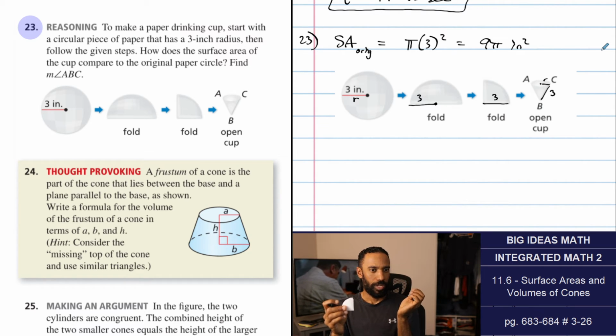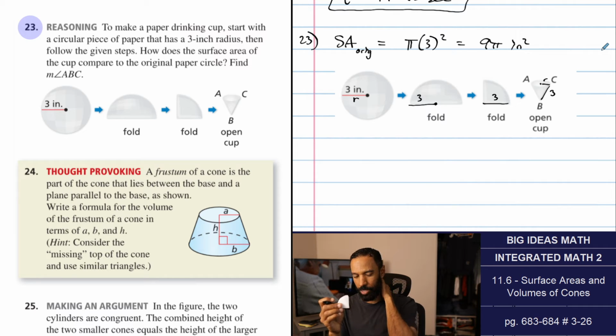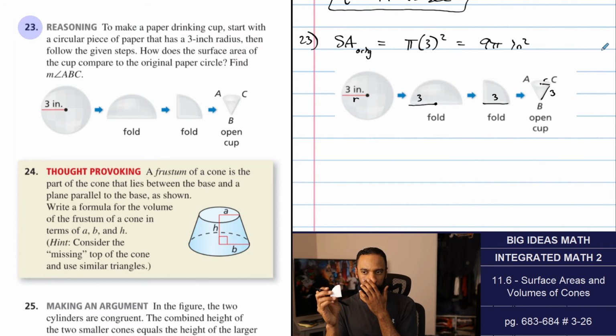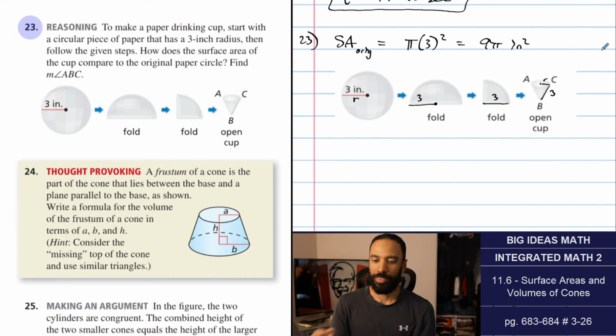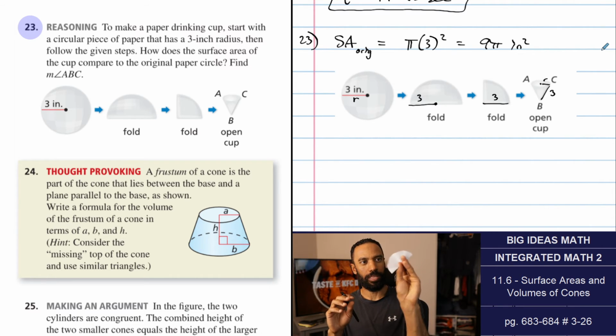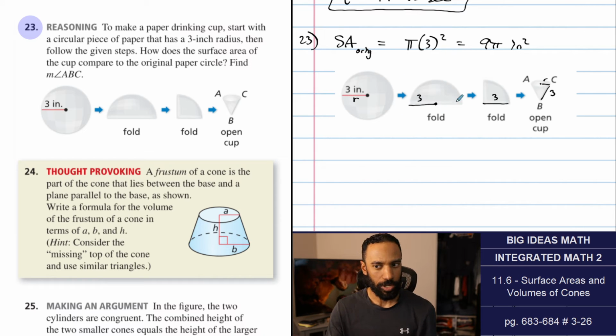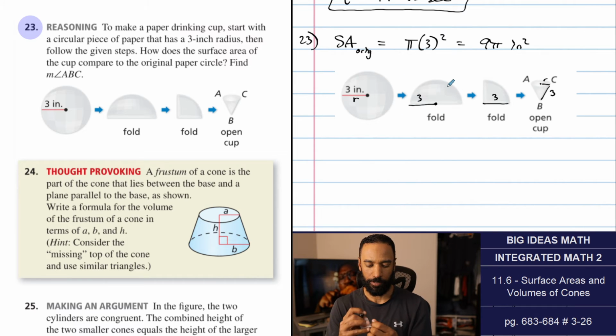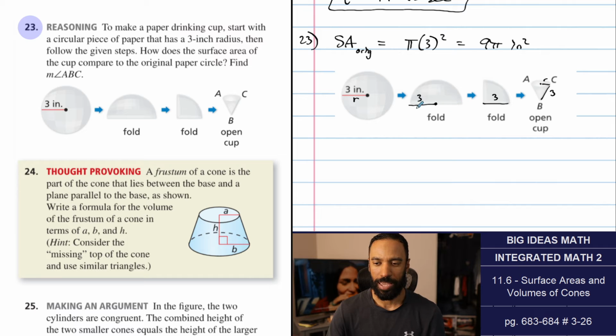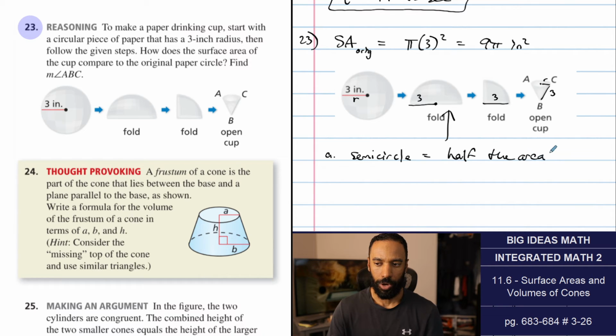What are the questions? How does the surface area of the cup compare to the original paper circle? If this guy is the one that makes the surface area, the semicircle, that's the one that makes the surface area around there, then I'll say based off going from here to here, semicircle, so part A, semicircle net drawing equals half the area, then I'll go with that.